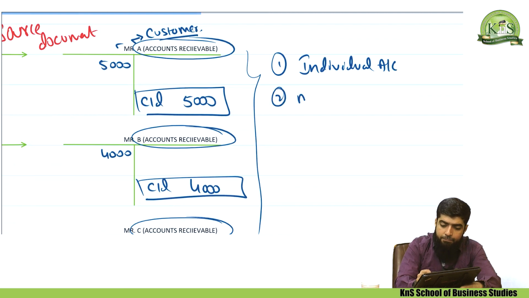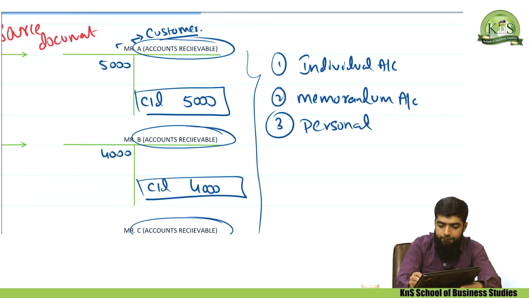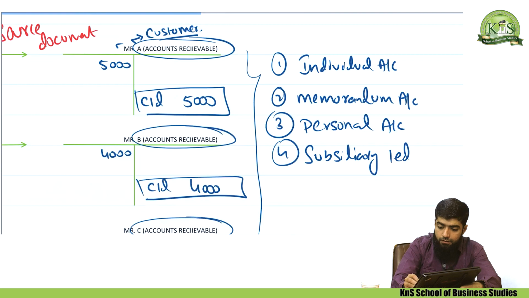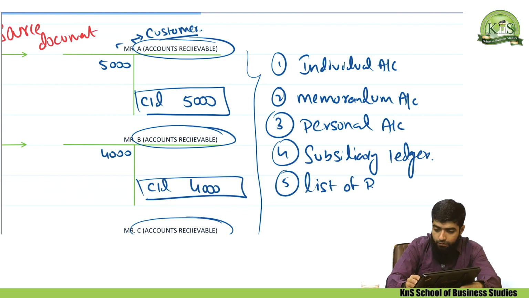Another name is the memorandum account. Another name is personal account. Another name is subsidiary ledger. It is also known as list of balances. So these are the individual account.